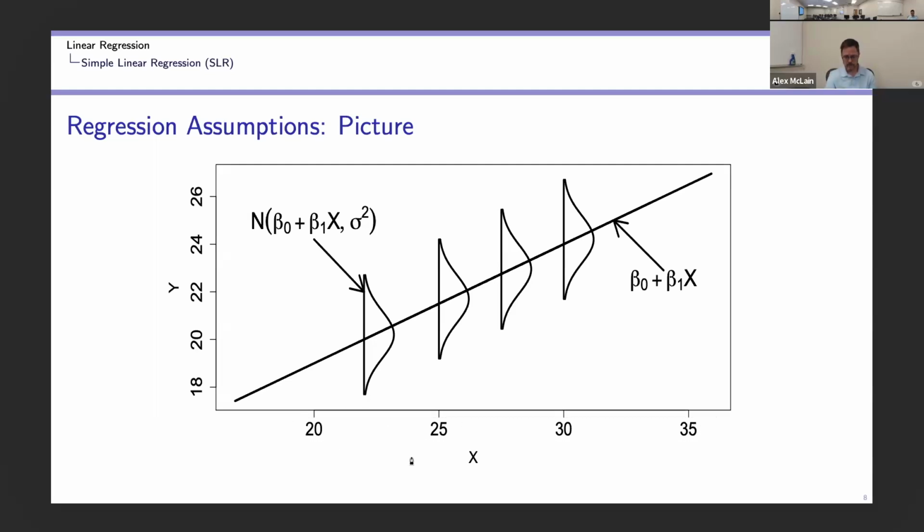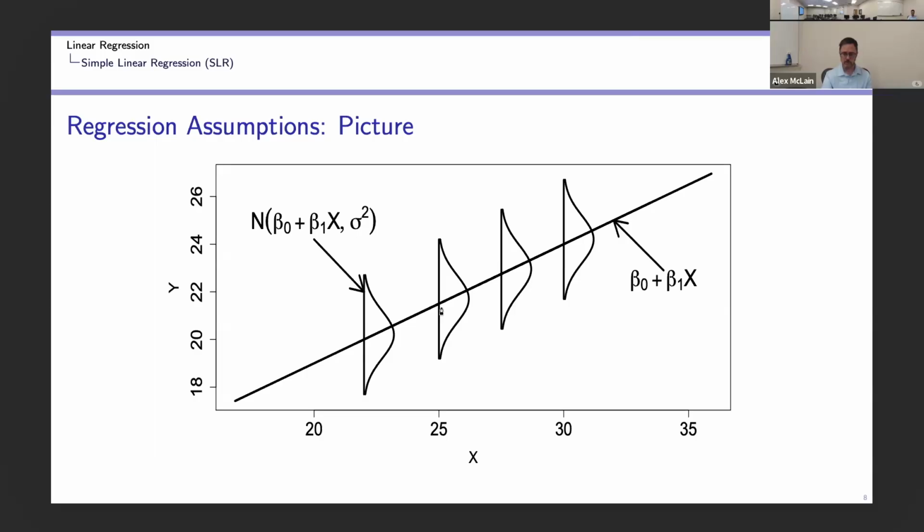If our X variable is about 22, we would expect the Y variable to be equal to 20, but it could pop up anywhere under this bell-shaped curve. It could be as high as 22, could be as low as about 18. So when we see multiple observations from people that have an X equal to 20, they're going to be scattered around. Most of them will be closest to 20, but they'll have a bell-shaped curve around them.